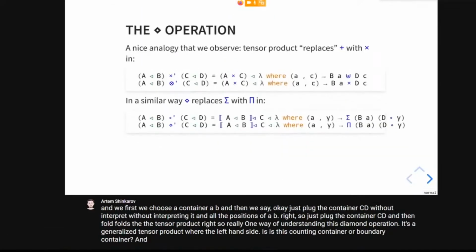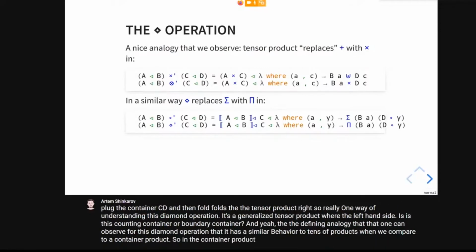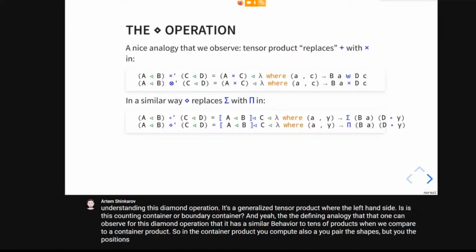And yeah, the funny analogy that one can observe with this diamond operation is that it has a similar behavior to the tensor product when we compare to the container product. So in the container product, you also pair the shapes, but you compute a co-product of the positions.